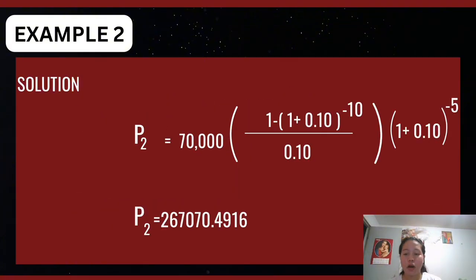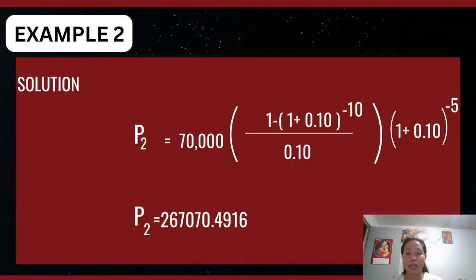For step 2, we're going to find the present value of our A sub 2, which is 70,000 pesos per year for the next 10 years. Again, we use the ordinary annuity formula, but note, this payment starts in year 6 and goes to year 15.